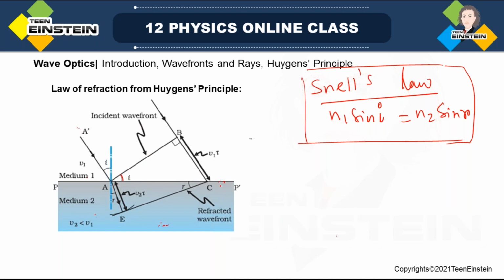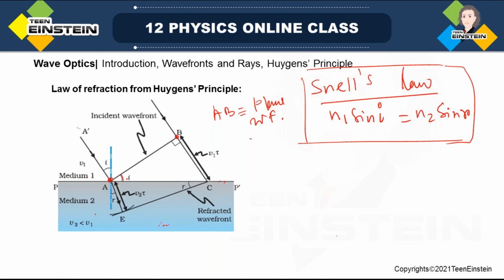As you can see, PP prime is the interface. Now see, the point B is here for the AB plane wavefront.